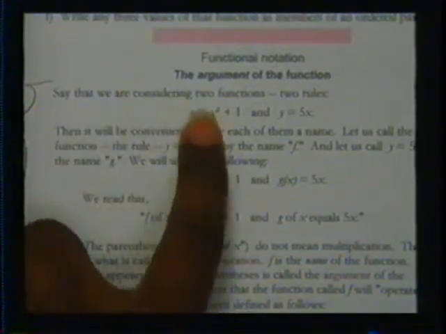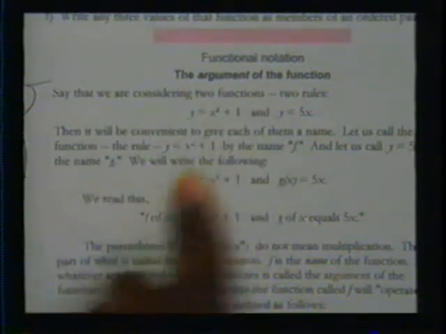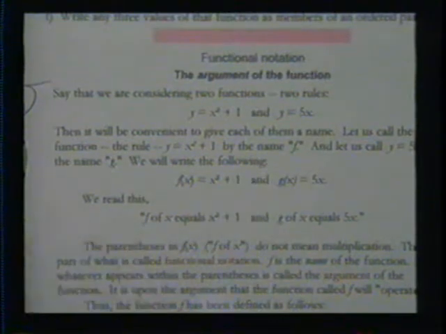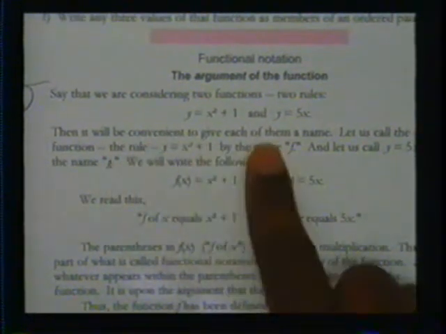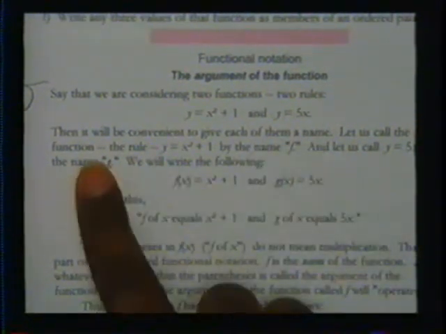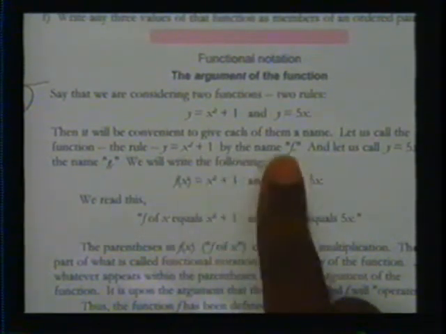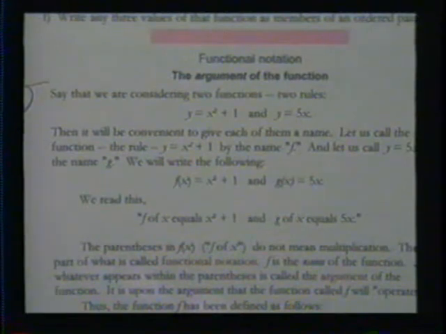We say that we're considering two functions in two rules, y equals x squared plus 1 and y equals 5x. Then it will be convenient to give each of them a name. Let us call the function, the rule, y equals x squared plus 1 by the name of f. So for your function, instead of saying y, they switch to f of x to represent f being a function. So there's no magic occurred, it's just a different naming.